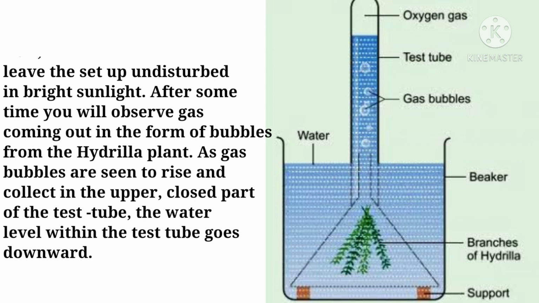These gas bubbles of oxygen are produced due to photosynthesis, and they go inside the test tube which is seen in the picture, and the water level within the test tube goes downward.